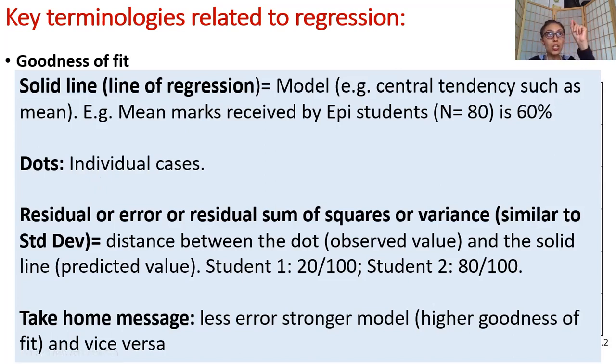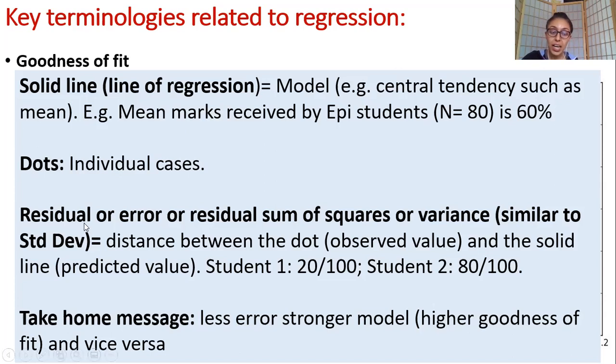The distance between the dot and the line of regression is called residual, or error, or residual sum of squares, or variance. All of this is the same. Basically it is distance: more distance is bad, less distance is good, in very simple terms.